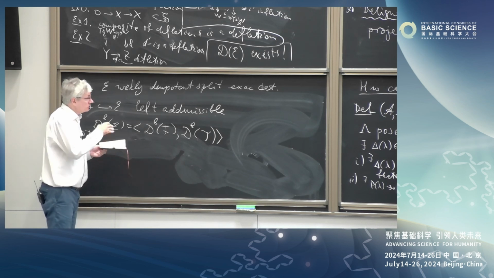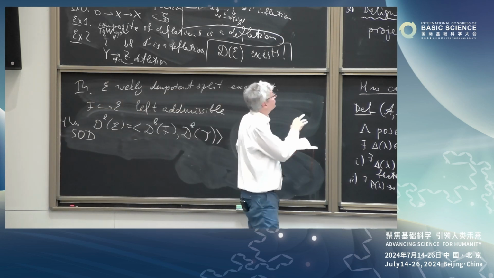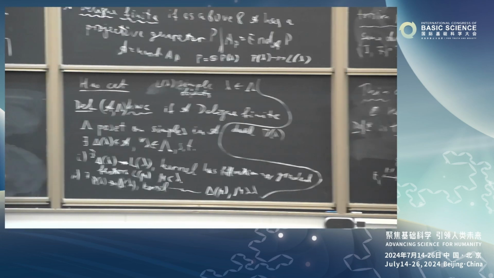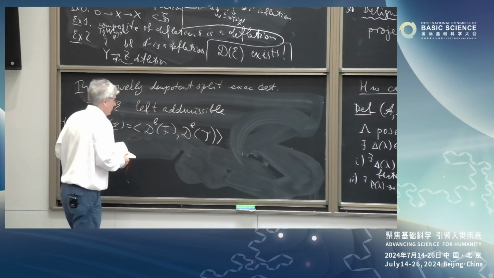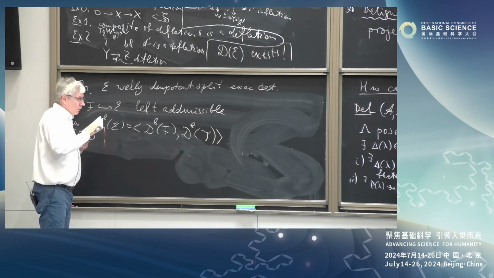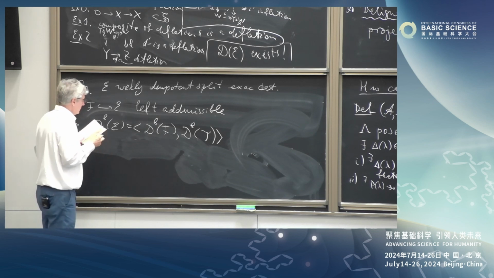But you're right that he doesn't have this finiteness condition, which I said is not very important, the finite number of simples, because if you have a stack, typically you have an infinite number of them. Yeah, I'm going to speak about coherent sheaves too. Let me come to this point.